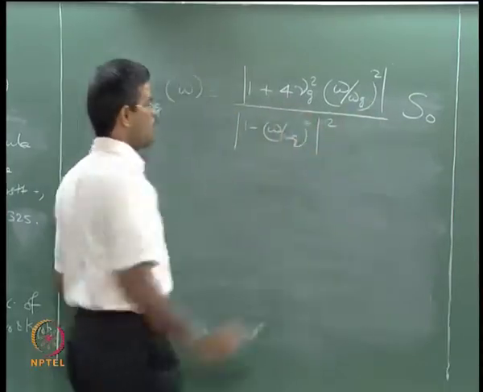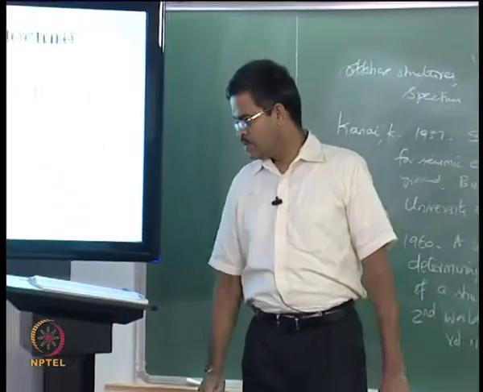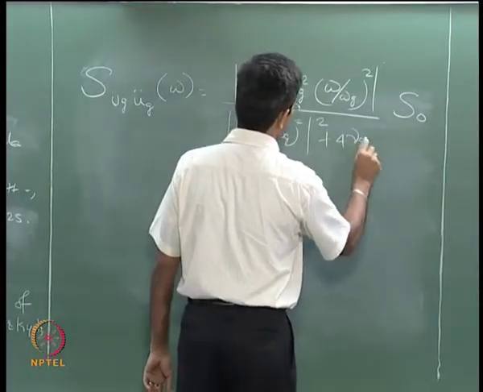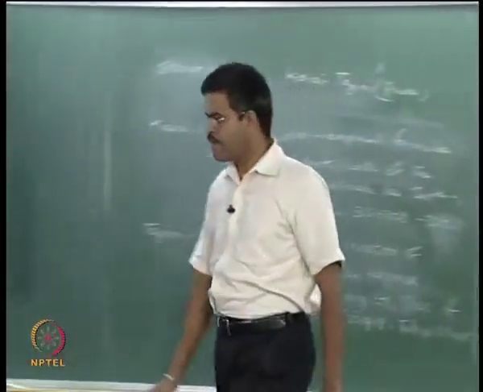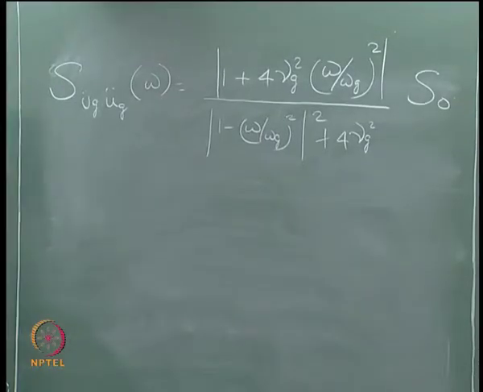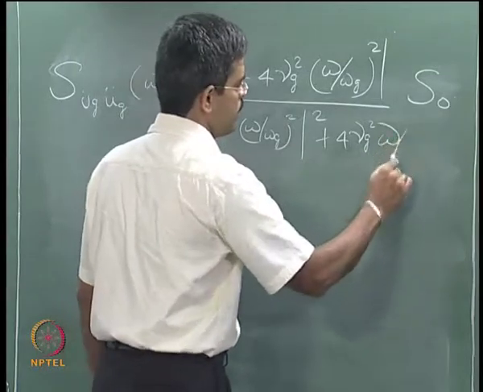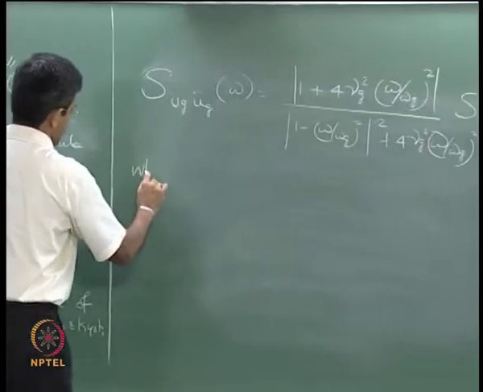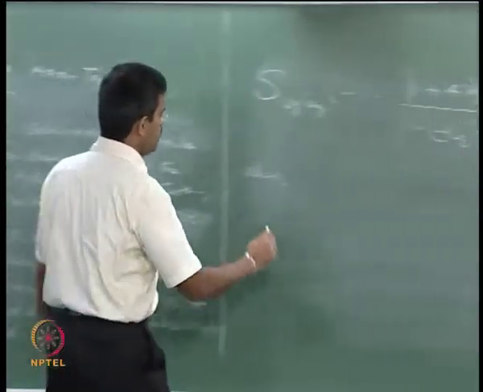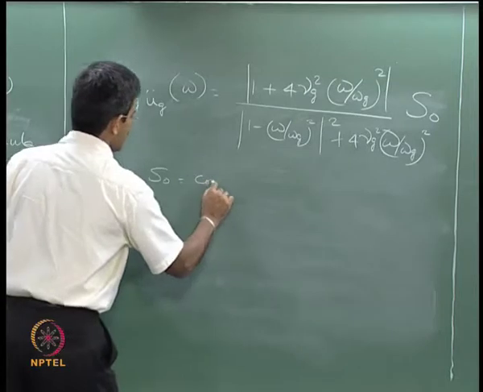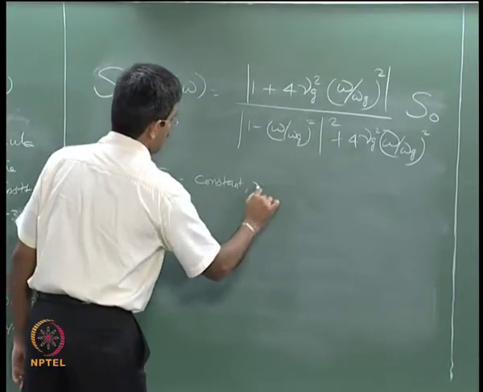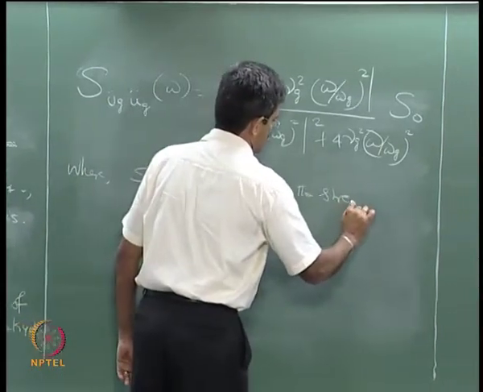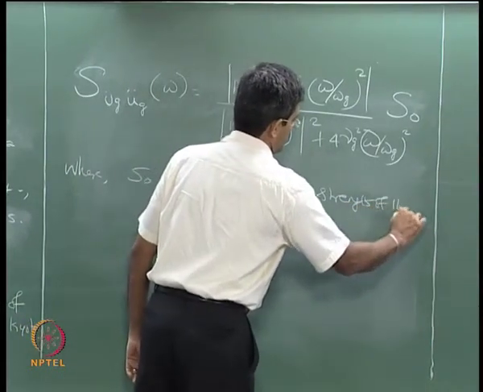So, I take the mod value of this, where S0 is a constant which represents the strength of the disturbance.